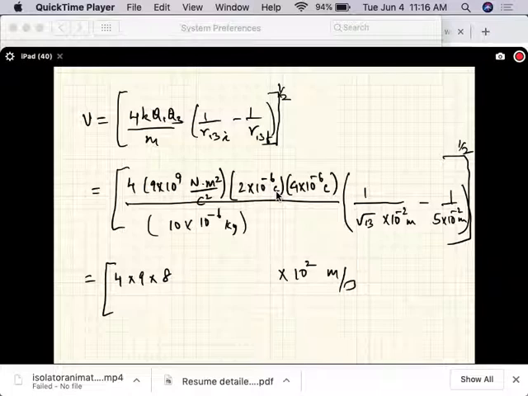And 1 over square root of 13 minus 1 over 5, to the power half. So that's what I have left.